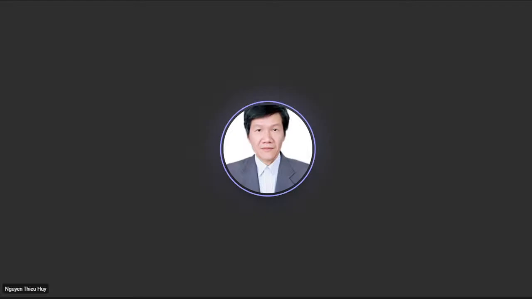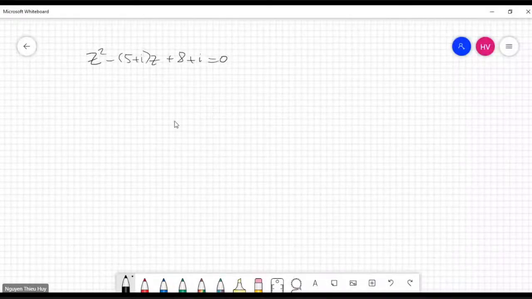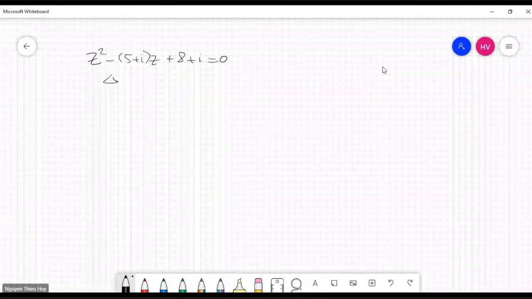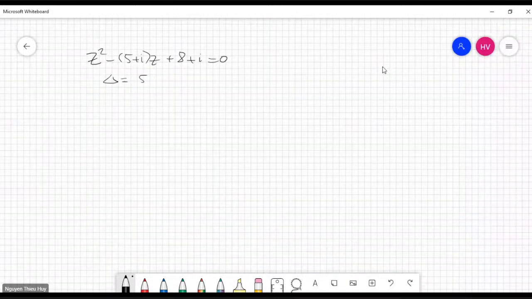Here our equation is thus. Now let's compute the delta. So we have delta equals (5 plus i) square minus 4 multiplied by (8 plus i).